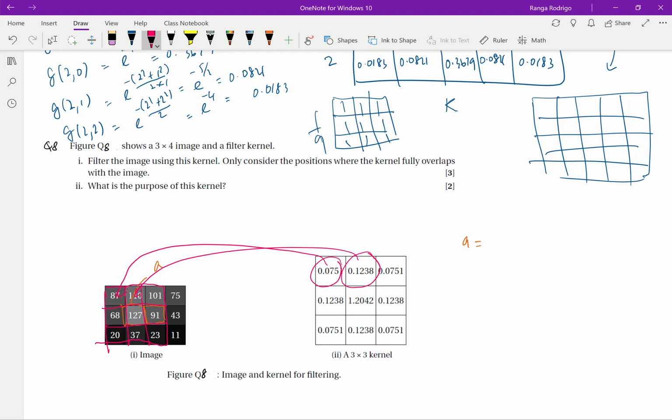So let's write this. 87 times 0.0751 plus 110 times 0.1238. Let me need more space.